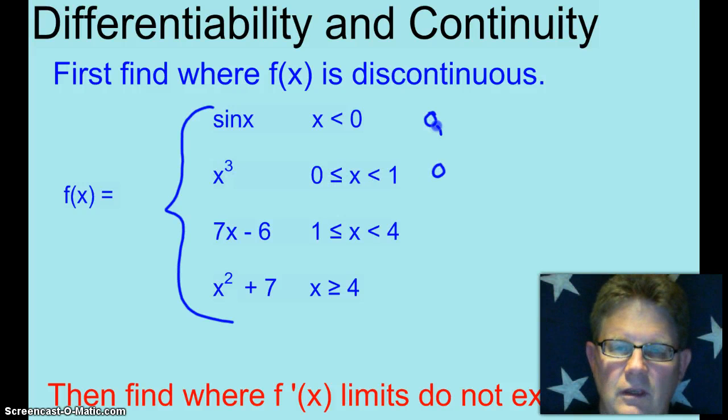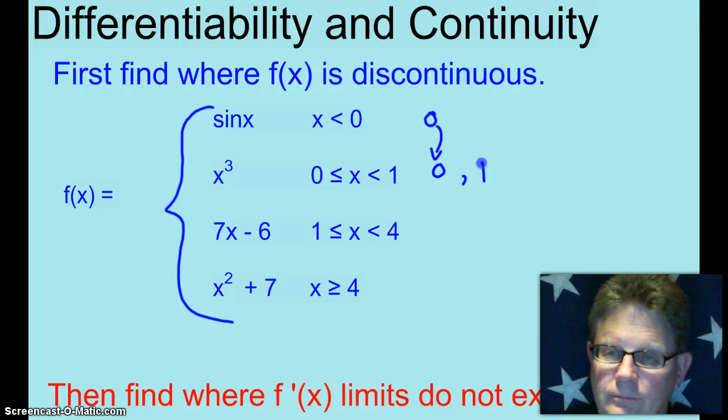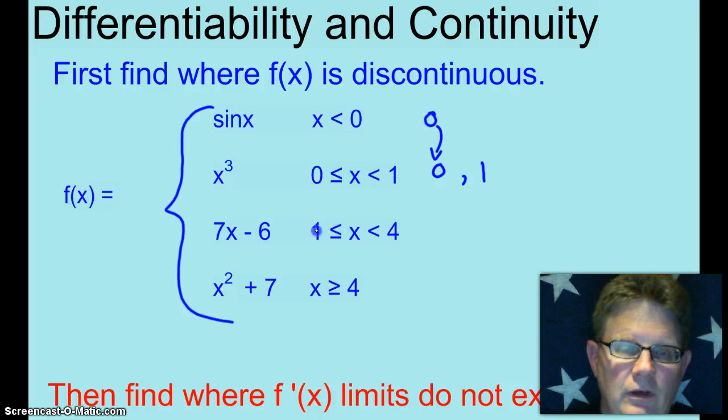That means that at 0 it's continuous. Now at 1, what is 1 cubed? It's 1. Now we're going to figure out what the third part is at 1. 7 times 1 is 7, minus 6 is 1. So it is still continuous.